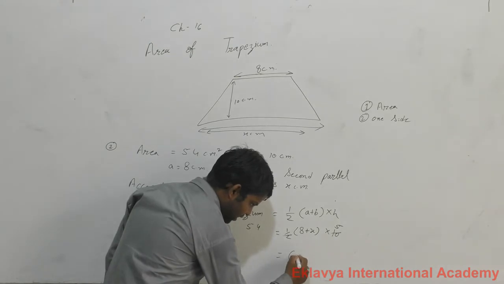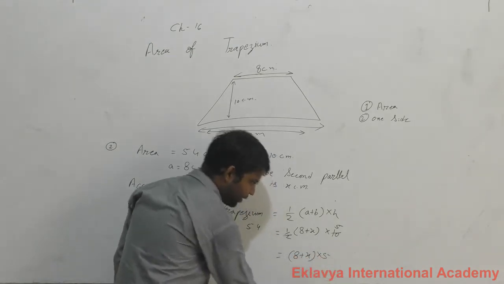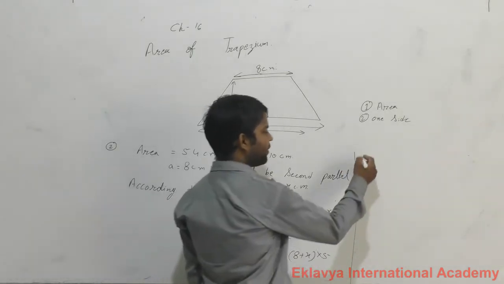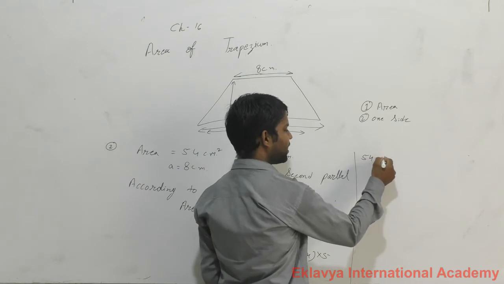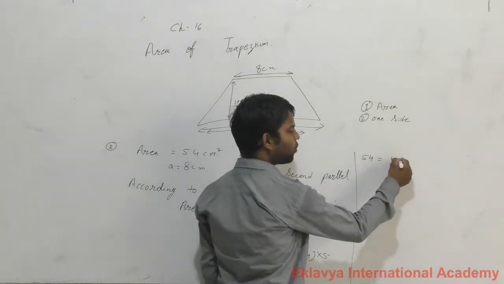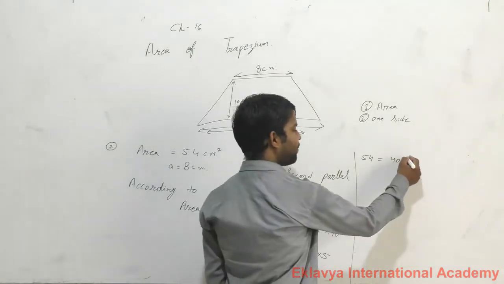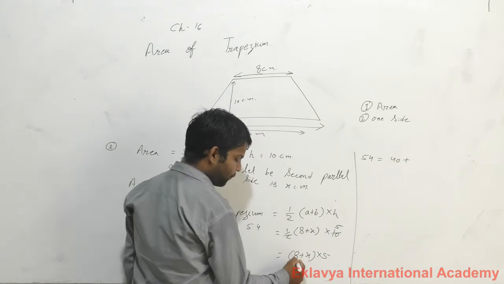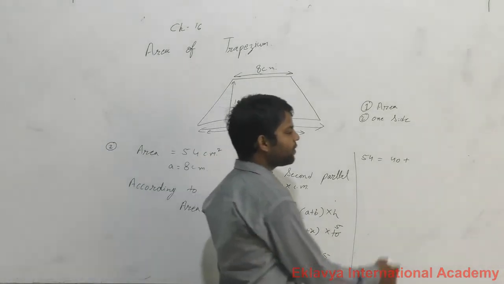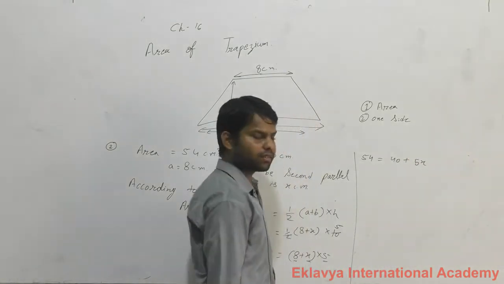Here we got 8 plus x bracket multiply by 5. If we solve it completely, then 54 is equal to 8 fives are 40. We multiply 8 by 5, and we also multiply x by 5, then we got 5x.